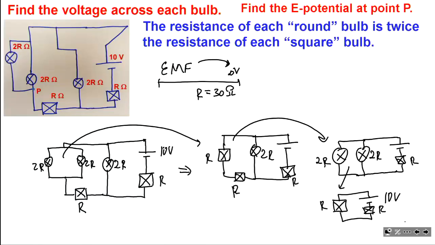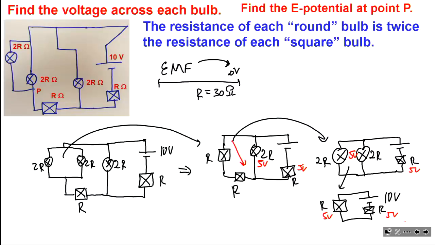So this voltage, which is 10, should split evenly because we have just two elements with the same resistance. So this voltage equals 5 volts. So that's going to be 5 volts here, 5 volts here, 5 volts here, 5 volts here.